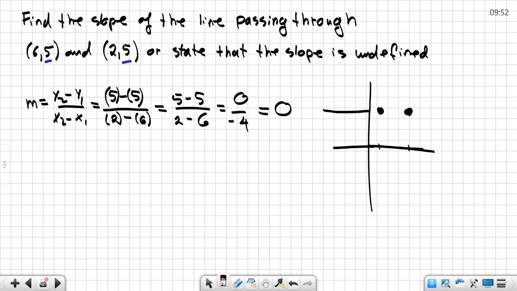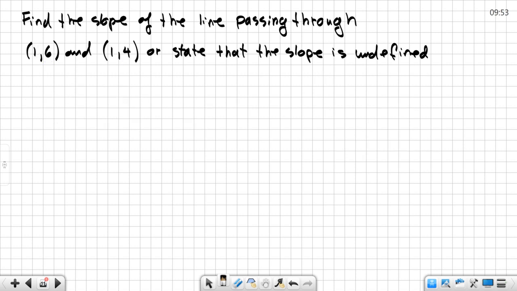These 2 points lie directly next to each other. They are lying on a horizontal line. And a horizontal line has slope 0. So that method, if we call this method 2 and the other method 1, would be a little bit faster.